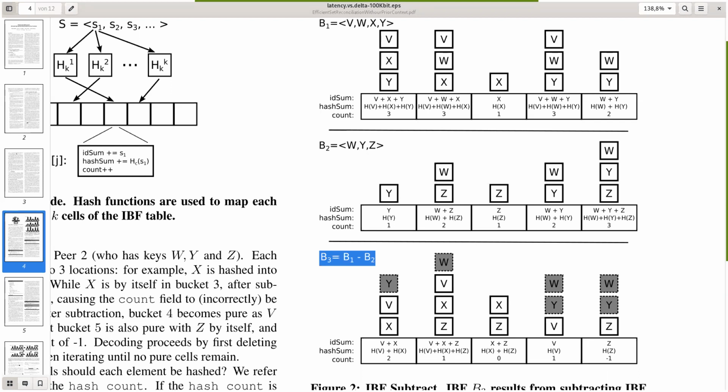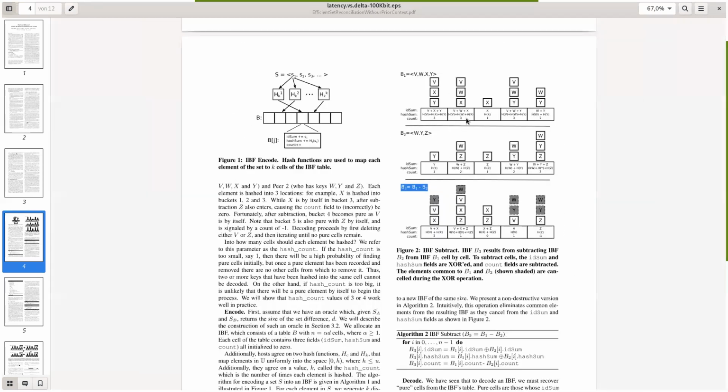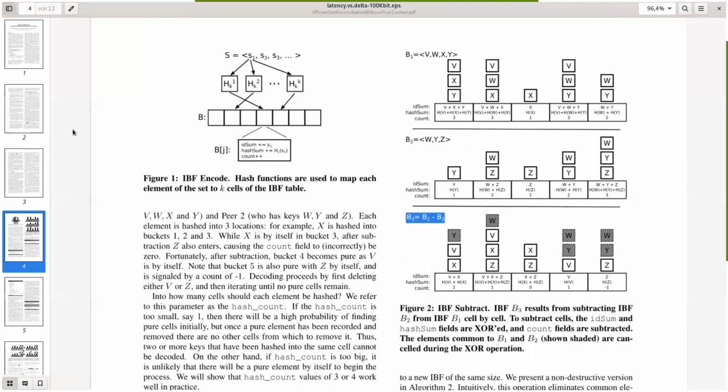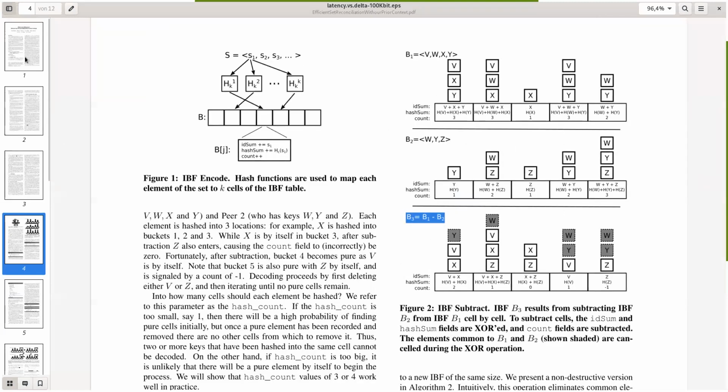Their set difference estimator algorithm looks something like this: they split the universe of potential values of the sets into increasingly halved partitions. So you have all of the even values and then all of the quarterable values and so on. And then they compute an IBF, an invertible Bloom filter, for each of those partitions.